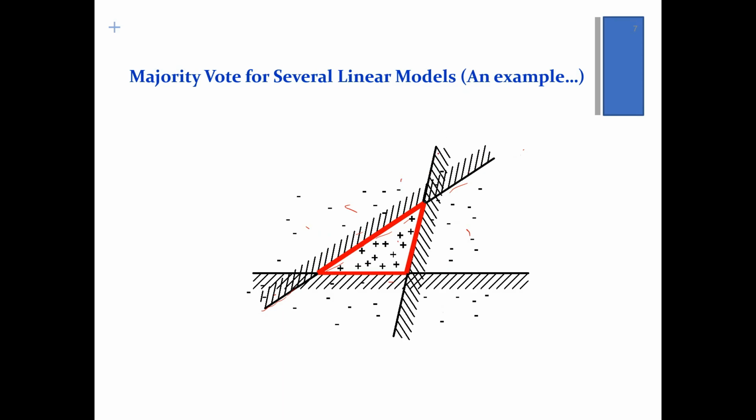We build a second linear model, this one. It's able to separate this negative from the positive and negative. We build the third linear model. By the end of that linear model, you can see that we are able to 100% separate positive from negative. This is the power of ensemble. An individual model cannot do it alone.